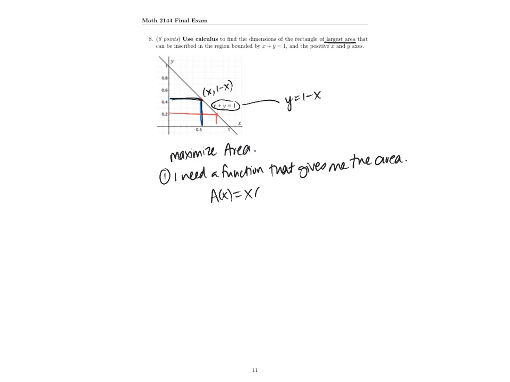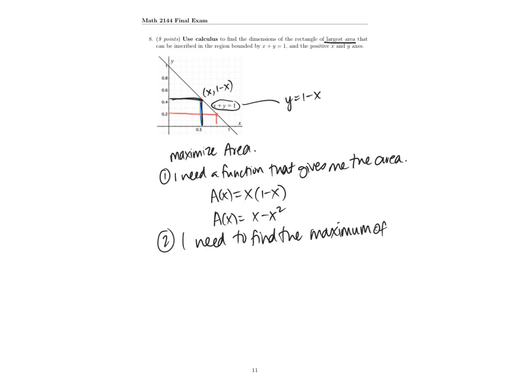So it's going to be x times 1 minus x. So that's my area function. I can multiply that out, and I get x minus x squared. And then I want to maximize that A of x.